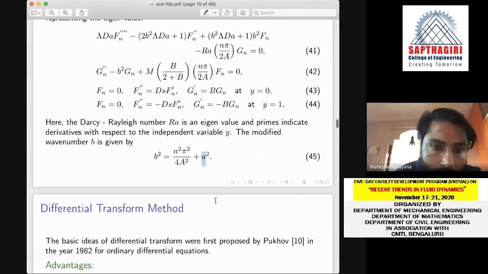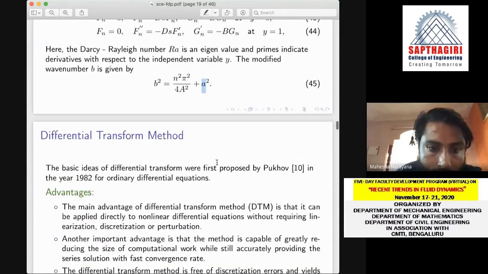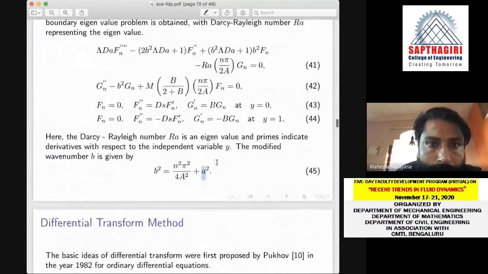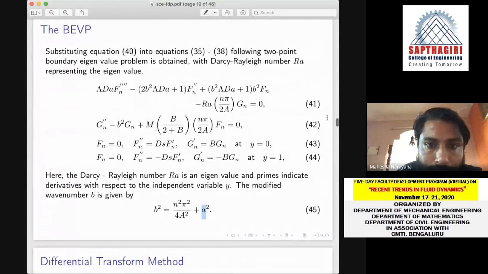Okay, so we owe to that result, and we set a to 0 for further analysis. All right. So this is the boundary value problem. Finally, the boundary eigenvalue problem one obtains from the instability of the Darcy-Brinkman convection problem.